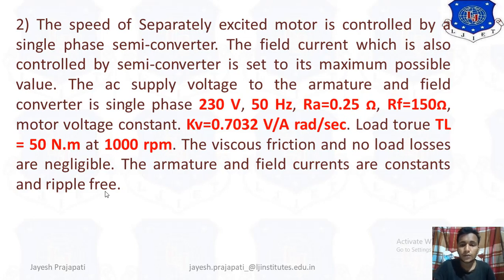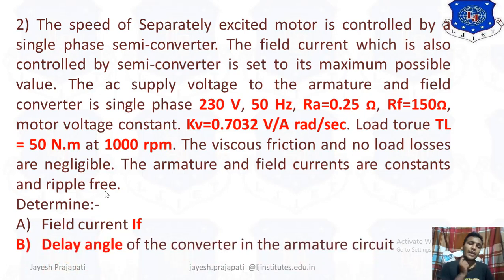The viscous friction and no load losses are negligible. The armature and field current are constant and ripple free. You have to determine first the field current IF and the delay angle of the converter in the armature circuit, that is alpha A.